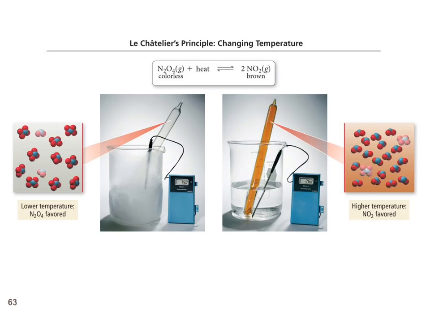And you can go back and forth, brown and clear, all day long. It's just the temperature. Yeah, it does look like fun, doesn't it? It's exothermic one way, endothermic the other, right? If energy was not part of the equation, changing the temperature wouldn't affect it at all, because it would not shift.